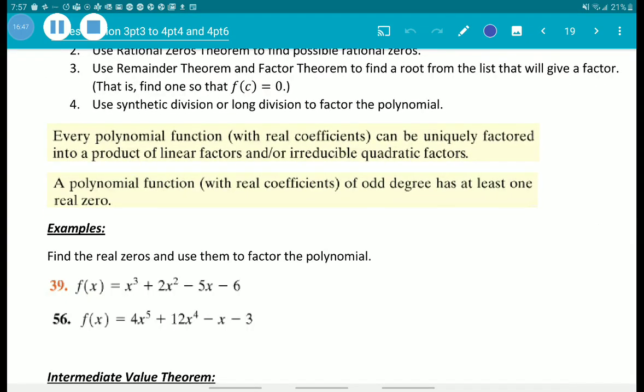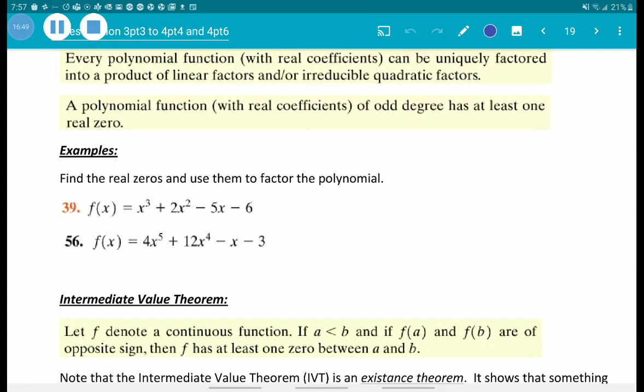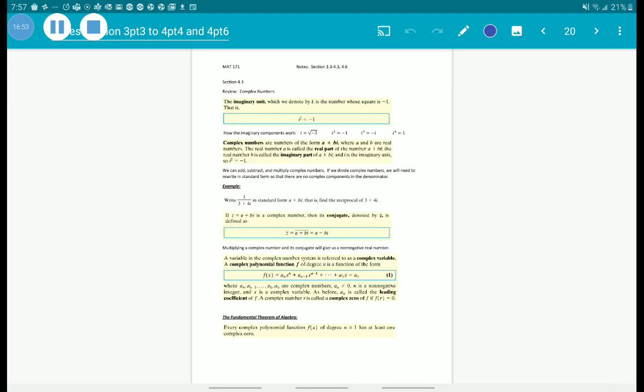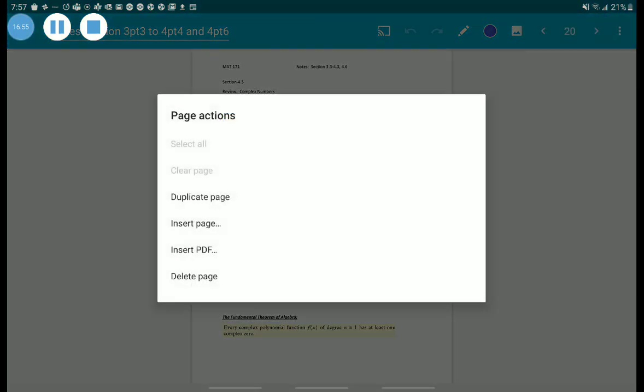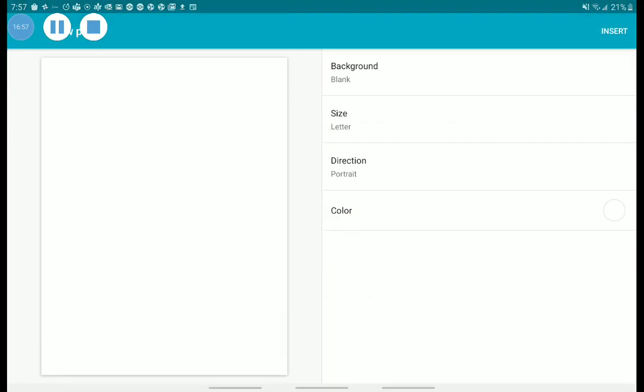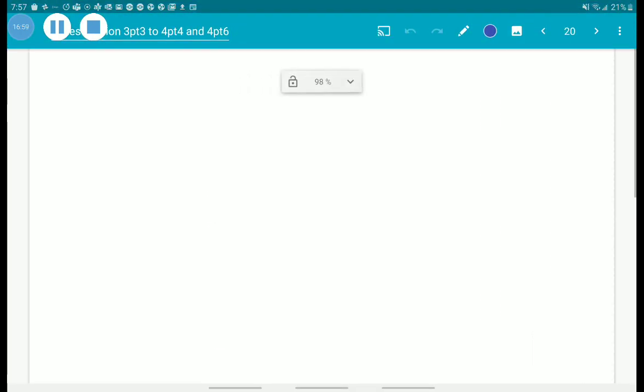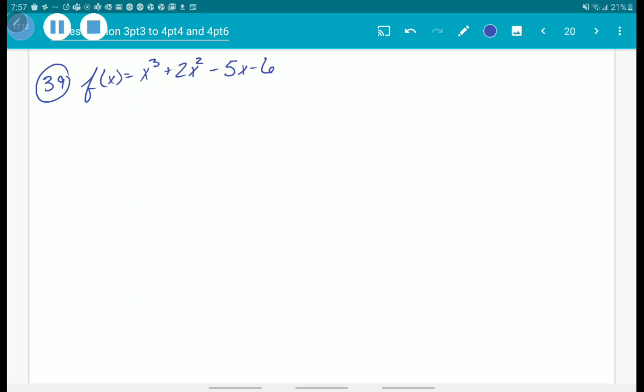So, let's look at a few examples. We want to find the real zeros for number 39. So we have f of x is equal to x cubed plus 2x squared minus 5x minus 6.